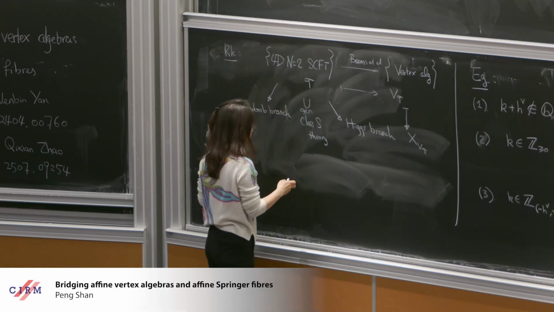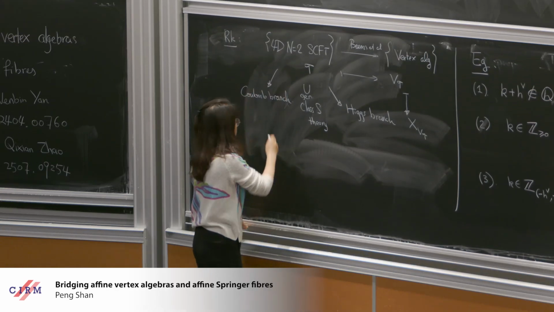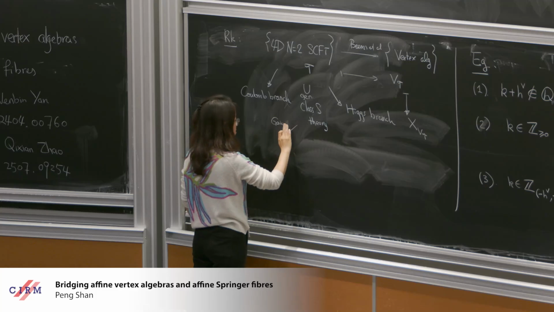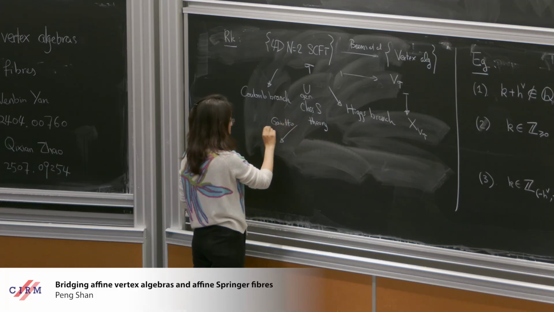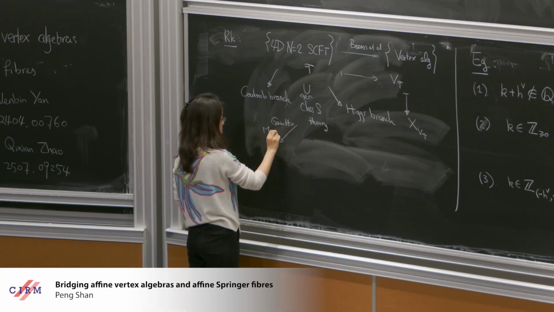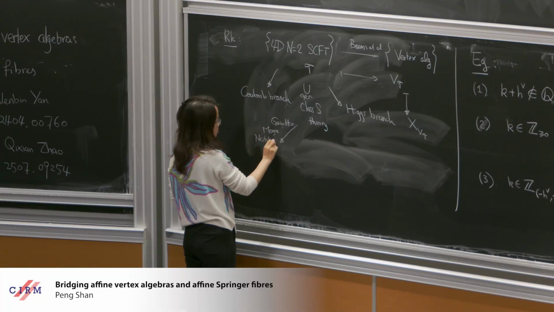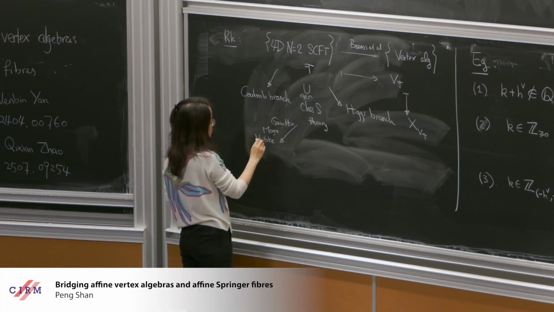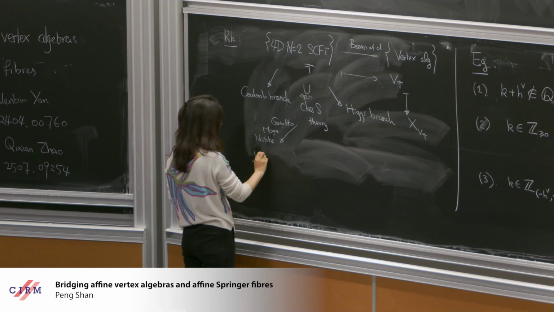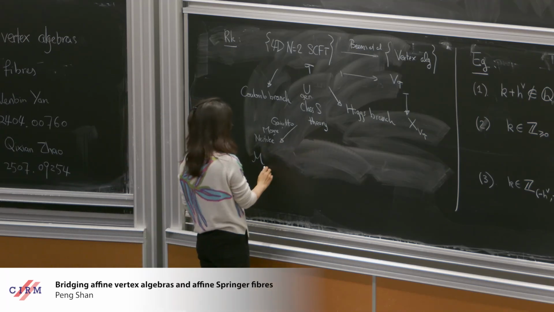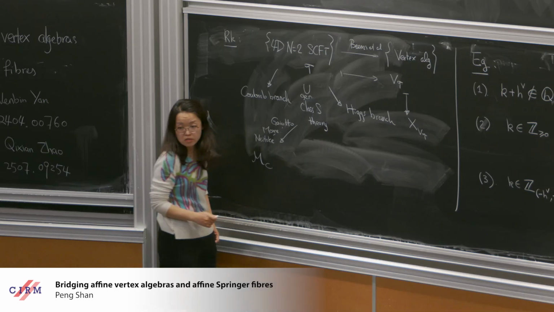And the Coulomb branch is, by work of Gaiotto, Moore and Neitzke, given by the moduli space of Higgs bundles on this Riemann surface C.